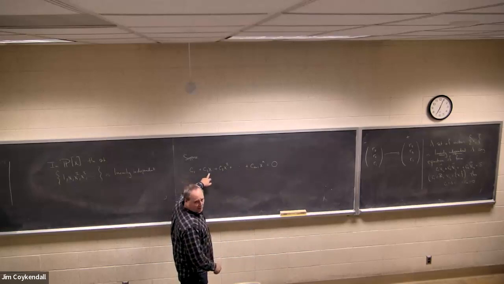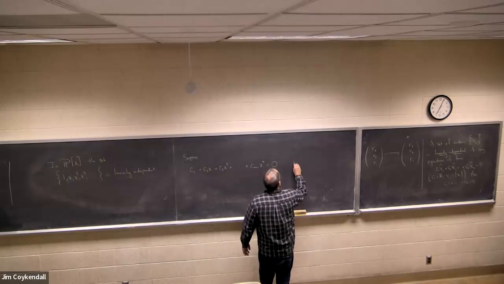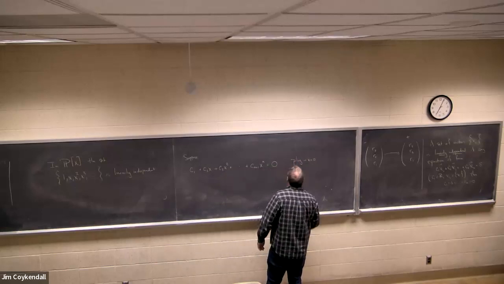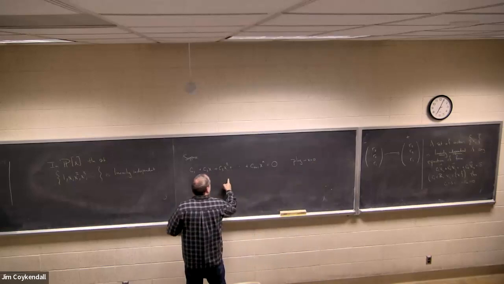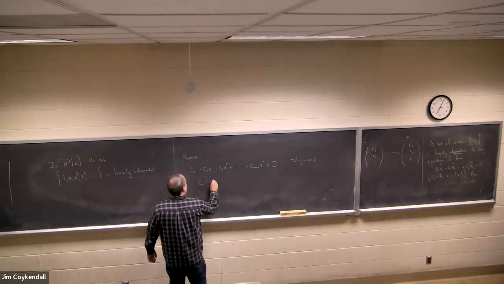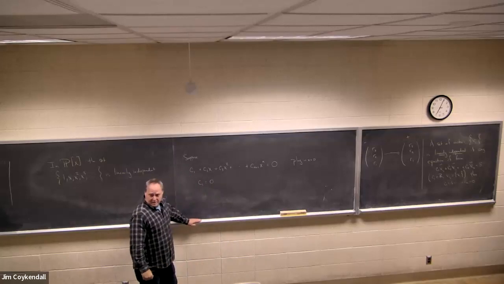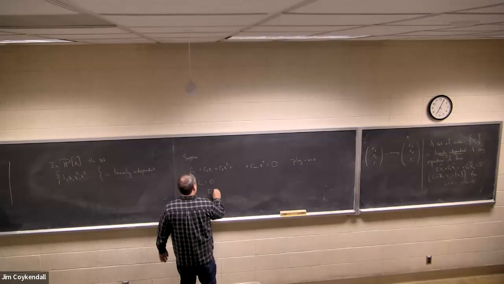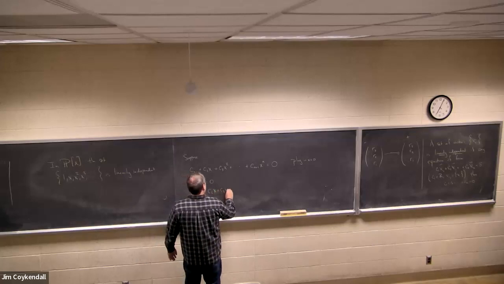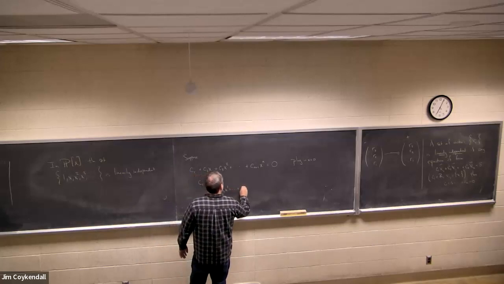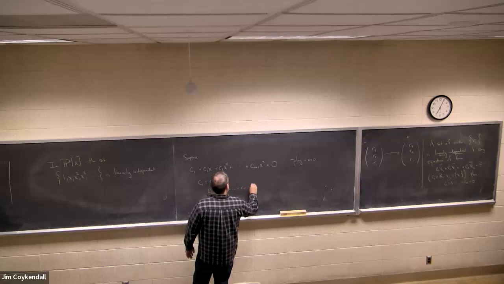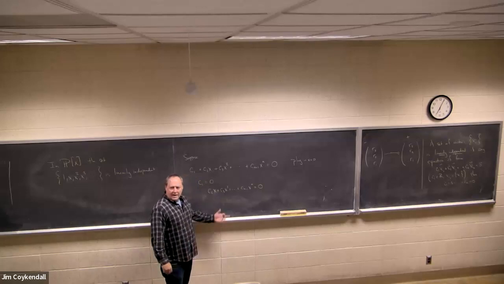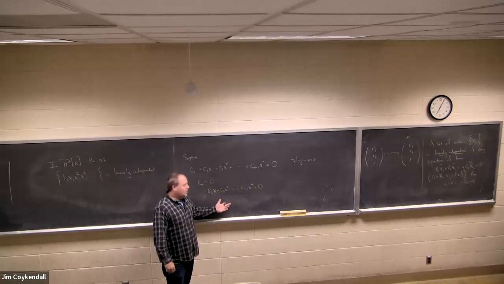When you plug in x equals 0, then you get c0 equals 0. Agree? And so now what you have is c1 x, c2 x squared, and so on. And now you can plug in other stuff, but it gets more complicated.